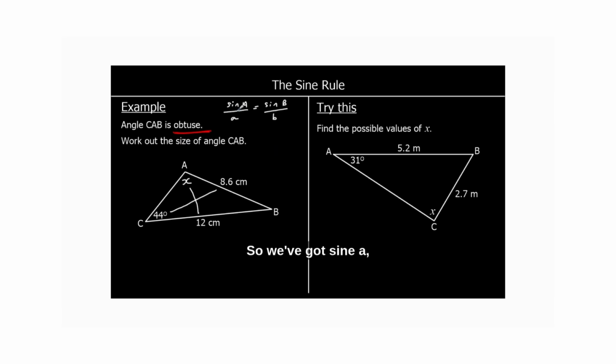So we've got sine A, which we're going to have as sine x. I'll quickly label that. So big A, little a, big B, little b. So sine x over its opposite, which is 12, equals sine the other angle, 44, over its opposite, which is 8.6.